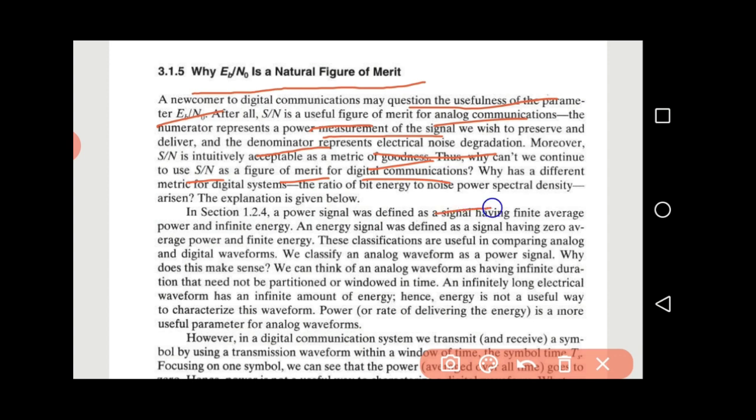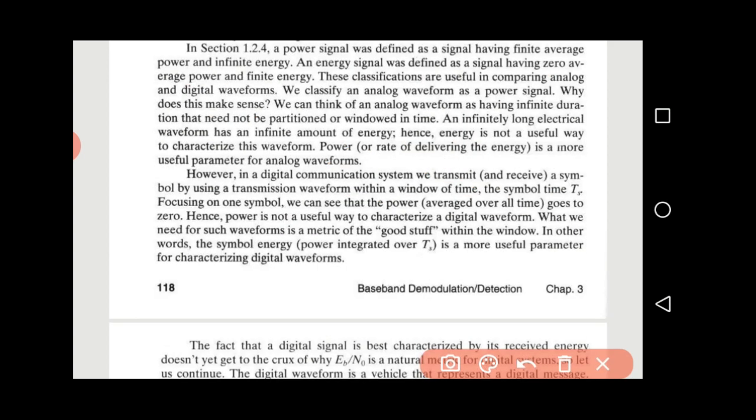The ratio of bit energy to noise power spectral density is taken. Earlier we studied that a power signal was defined as a signal having finite average power and infinite energy. An energy signal was defined as a signal having zero average power and finite energy. These classifications are useful in comparing analog and digital waveforms. We classify an analog waveform as a power signal.